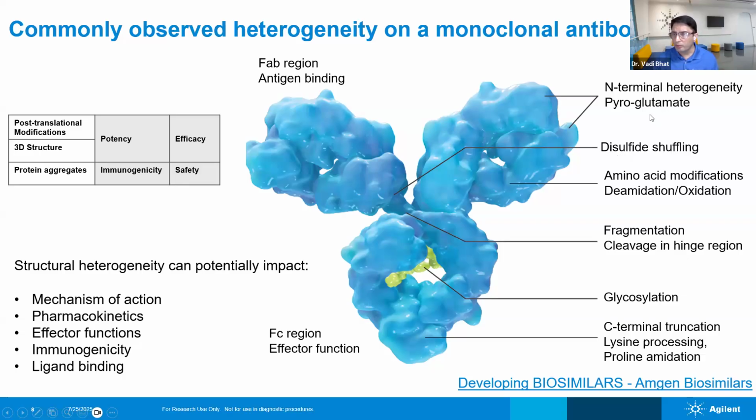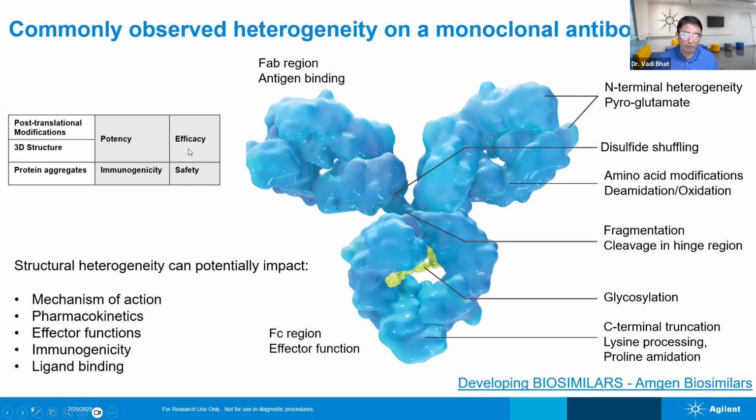It also has modifications: there can be pyroglutamate at the N-terminus, which can create heterogeneity, and at the C-terminus, lysine addition of one or two additional lysines or truncation, which also gives different forms of the monoclonal antibody. And of course, it can form fragments and aggregates, right? All of them have an impact on immunogenicity and safety.